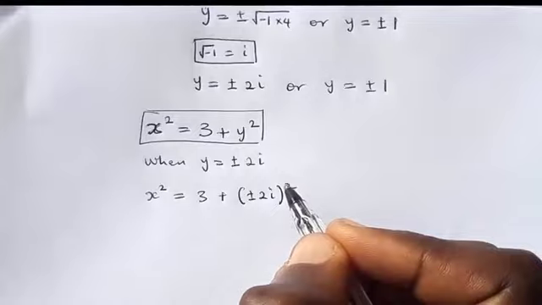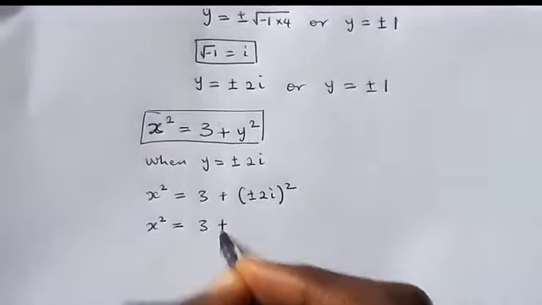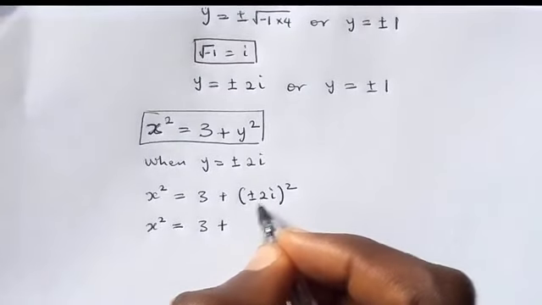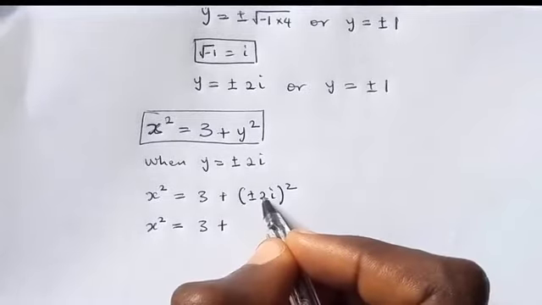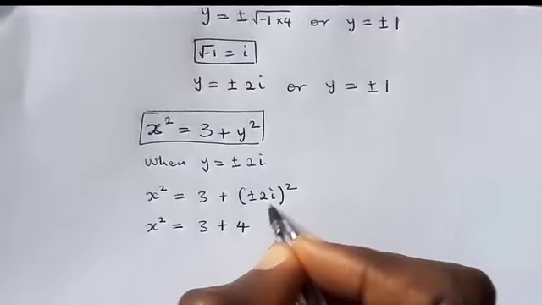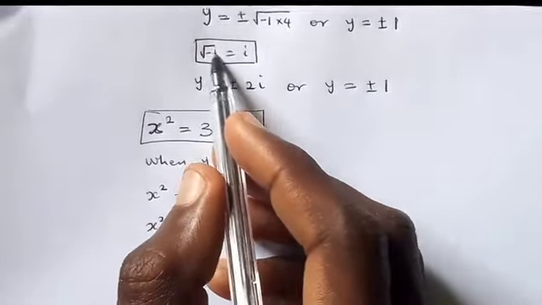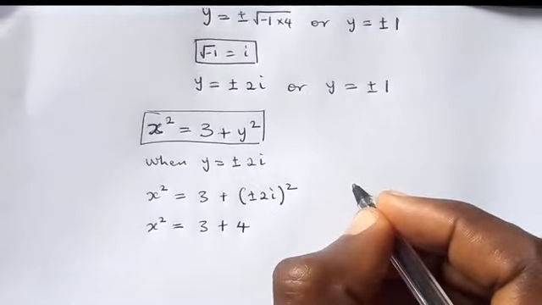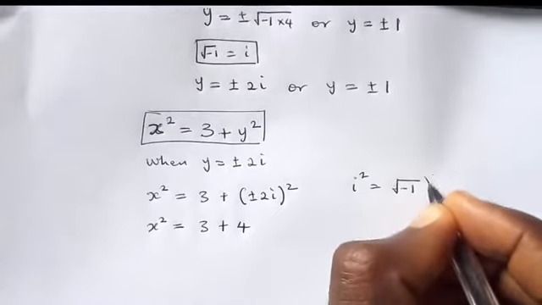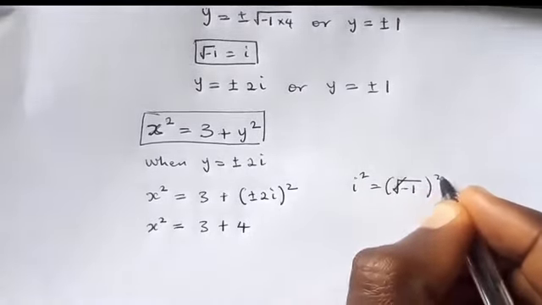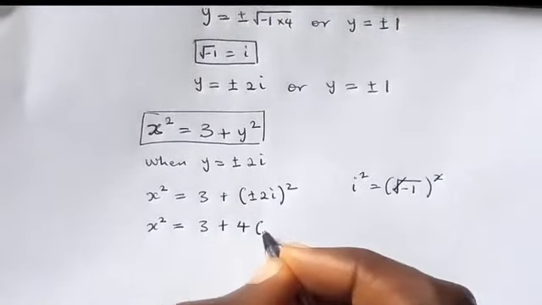So this will now be x raised to power 2 equals 3 plus, minus times minus, that is plus, plus times plus, that is plus as well. So 2 raised to power 2, that is 4, and i, remember i is equal to square root of minus 1. So i raised to power 2 will be equal to square root of minus 1 all raised to power 2, where this will cancel the power. So it will be left with minus 1.